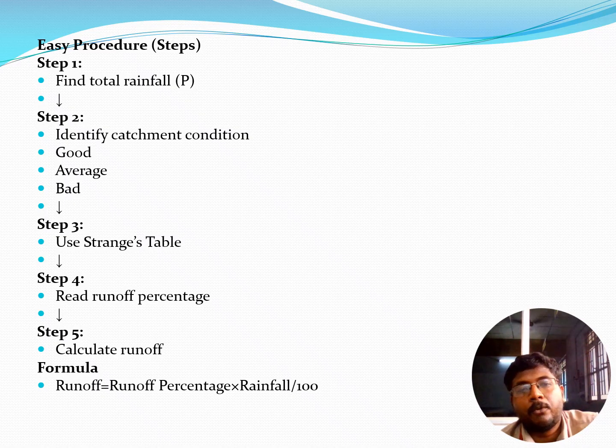After we find out the catchment condition, we can use the Strange table. After that, we read the runoff percentage with the help of rainfall as well as catchment condition. Finally, we calculate the runoff by using runoff percentage multiplied by rainfall divided by 100.